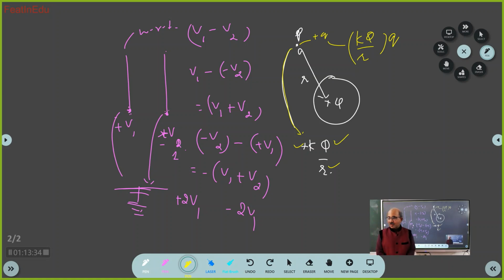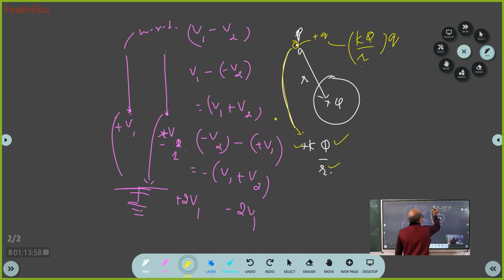That means kq by r into q, and at the same distance, at another point, this quantity will be the same, no? If you choose this point, it has a different magnitude of q, so the potential energy will be different. You see this formula. If this q increases, potential energy will change, but potential at that point is irrespective of q.